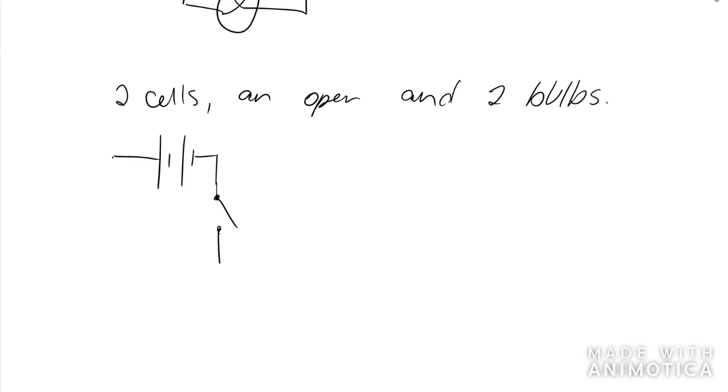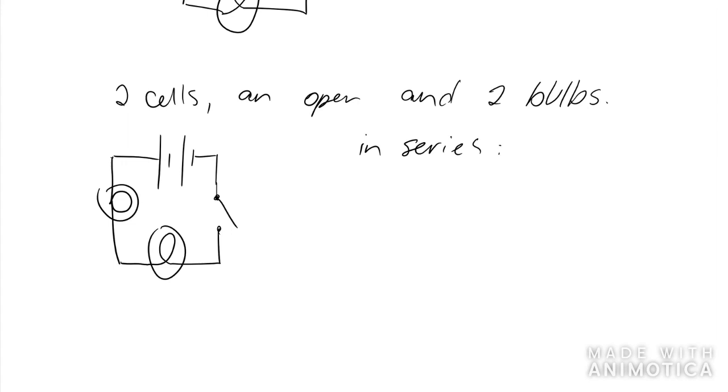The first way, we can draw it in series. In series means in a row. This also means that the electrons only have one possible path.